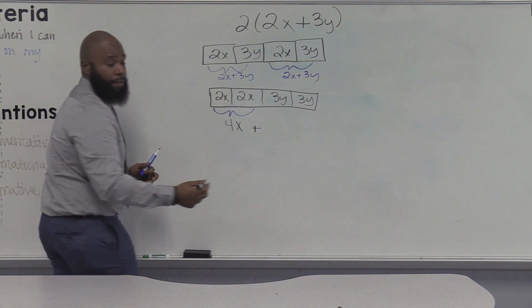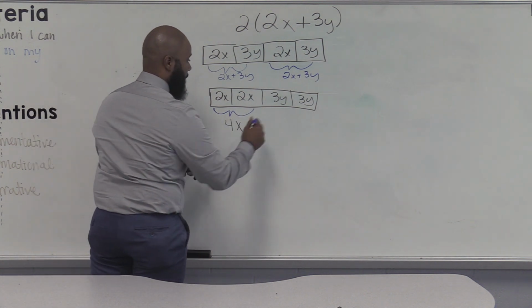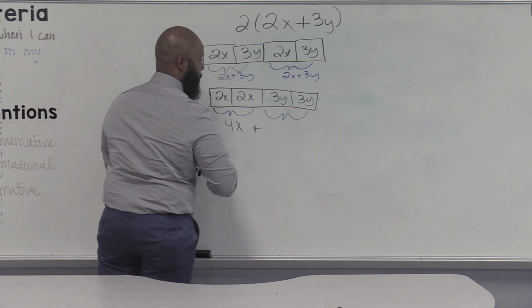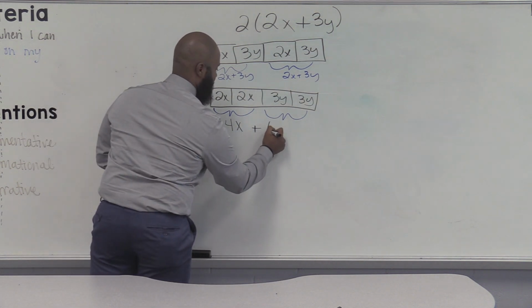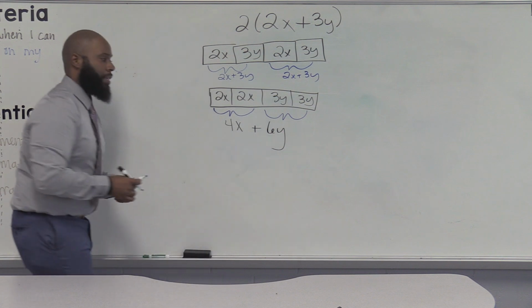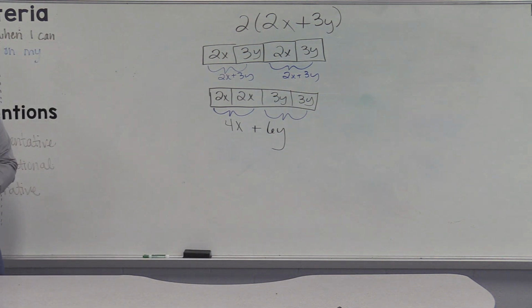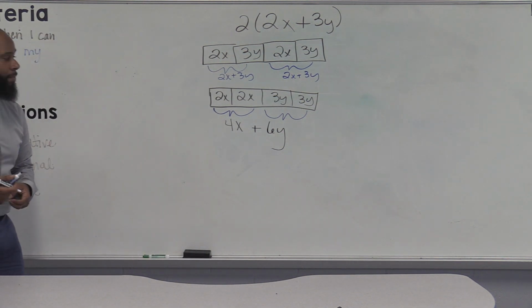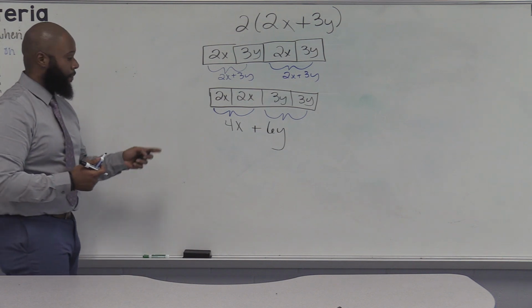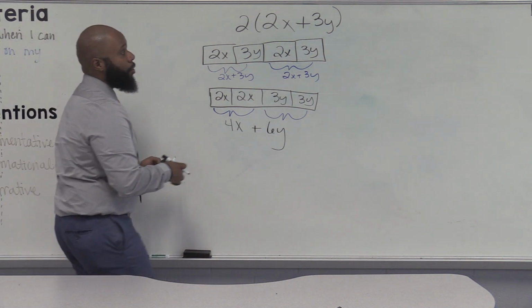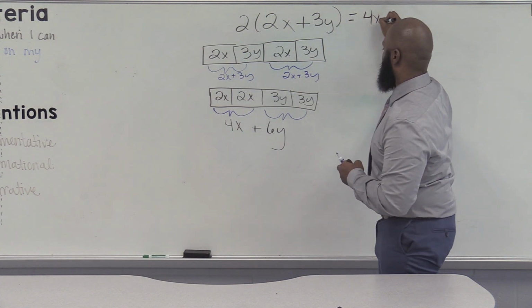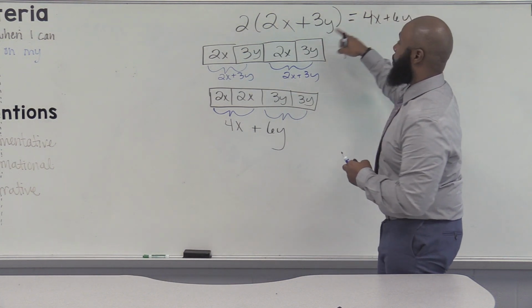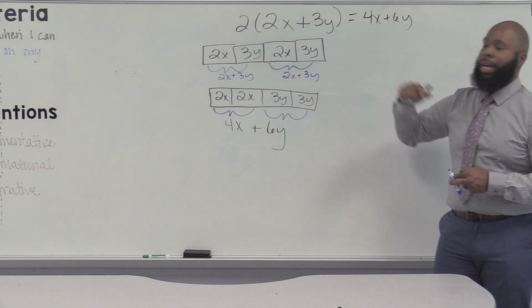And then I have 3y plus 3y, which is going to give me what? You got it, 6y. So now here's my answer for my equivalent expression. 4x plus 6y is equivalent to 2 times 2x plus 3y.